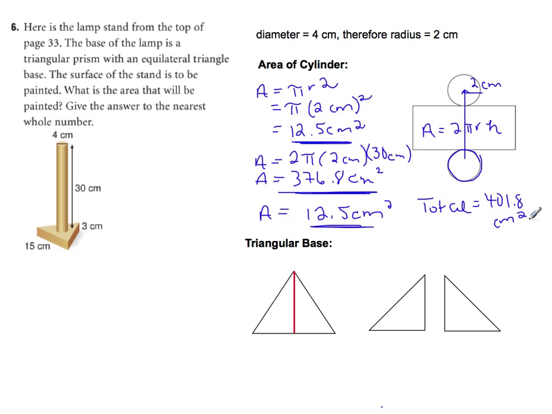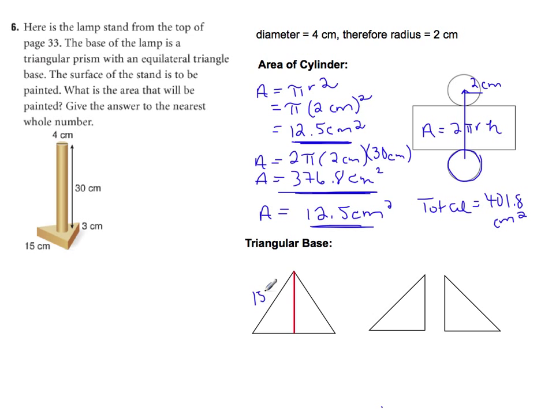And again, I'm going to just make sure I have it calculated properly. So 12.5, there's 2 of them. I'm just going to times it by 2, which gives me 25, plus 376.8 gives me 401.8.